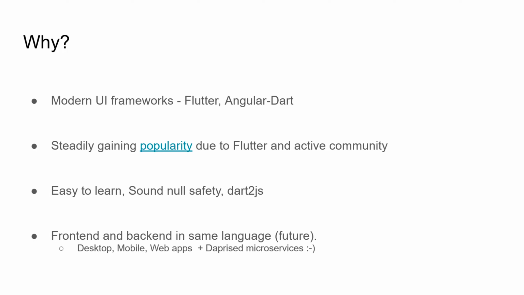Dart is also easy to learn and provides sound null safety, which means whatever microservices you're developing are null safe. It also has a Dart2JS compiler, just in case, for example, app containers don't have any Dart-based containers in GCP. Just like JavaScript started as a front-end scripting language and later moved into the backend as well, I have a feeling Dart could go in that direction.